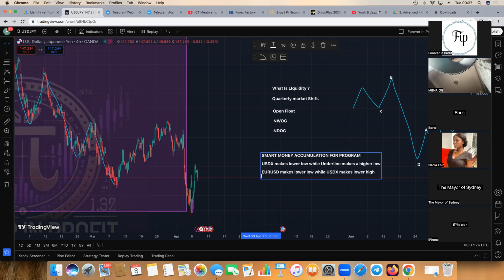Excuse me, the dollar index makes a higher high, while the underlying makes a higher low.